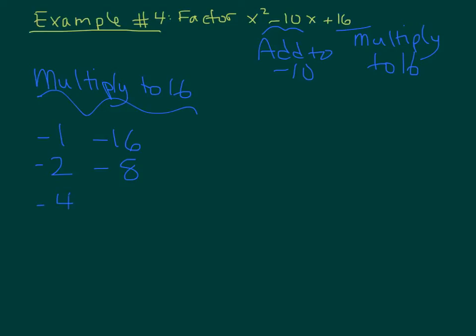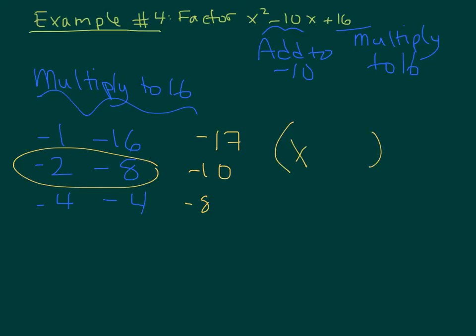I also am going to have -4 and -4. So you'll find that when you add these together, you have -17, -10, and -8, and we'll notice that -2 and -8 are the ones that we want. So the way we write our answer is by starting with those x's and then putting in the -2 and the -8.